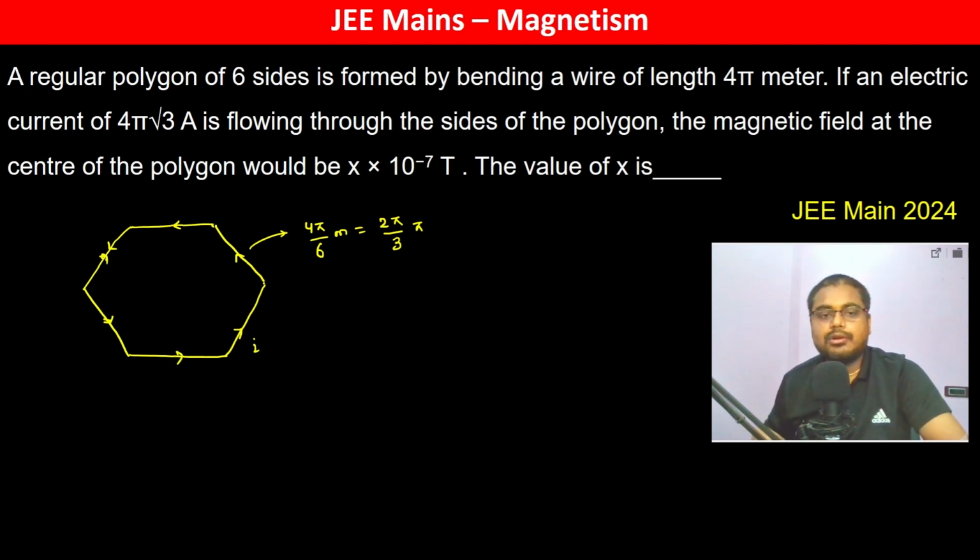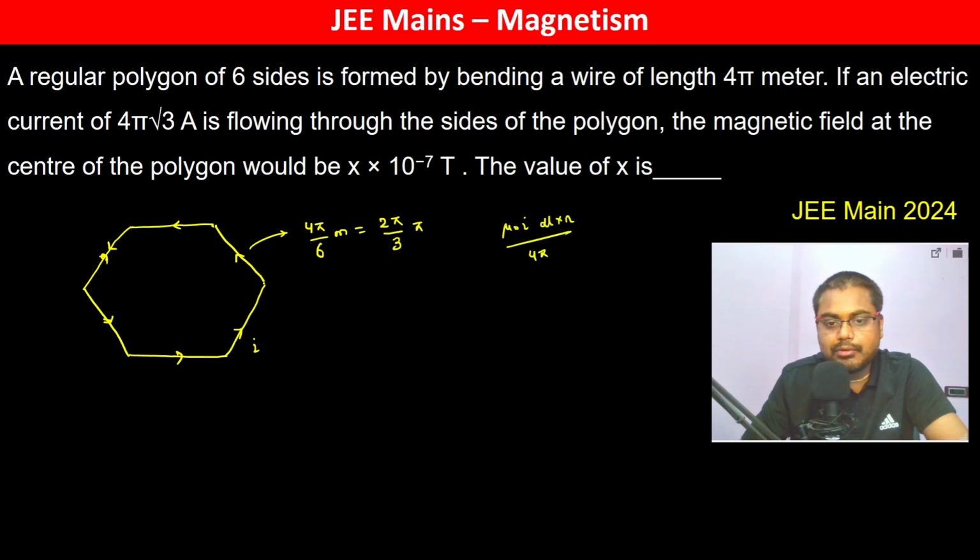Okay, now what is going to be the magnetic field at the center of the polygon? Okay, so we have this Biot-Savart law, which tells mu naught I dl cross r divided by 4 pi r cube.